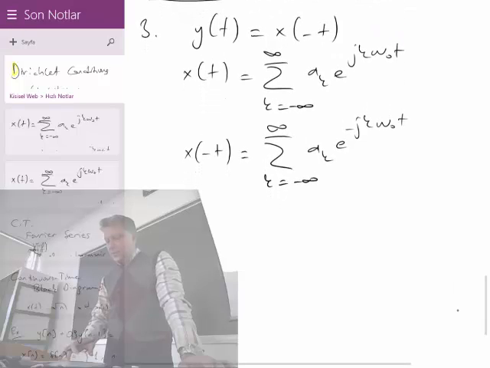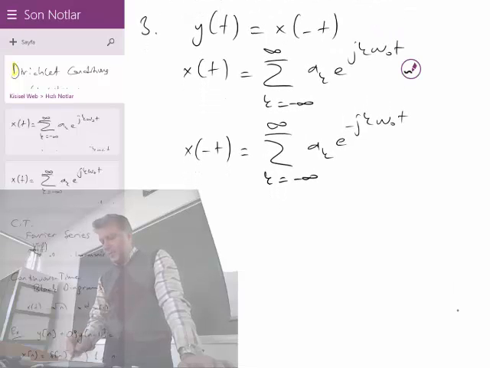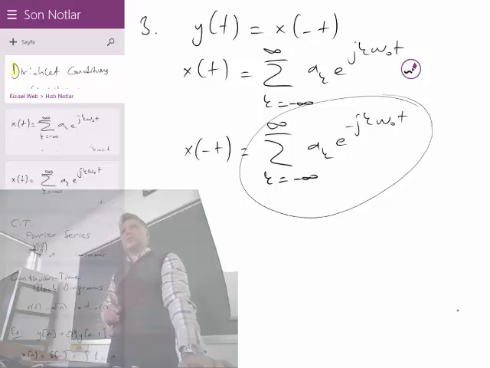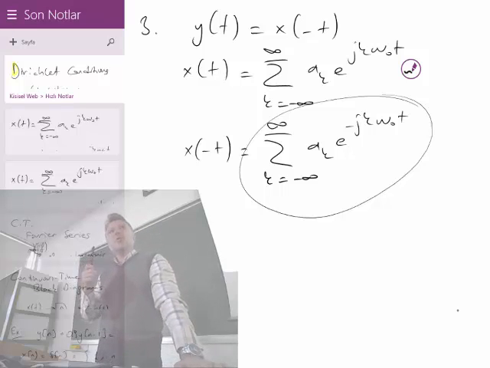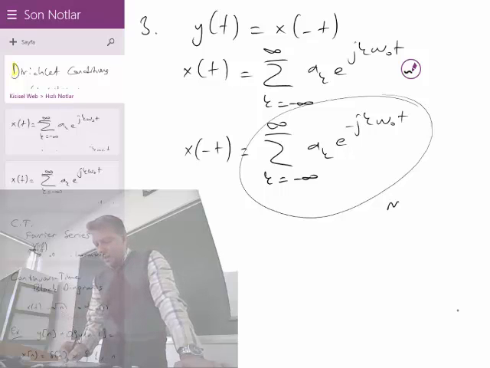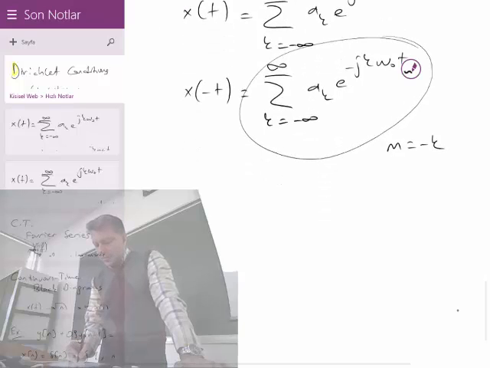And in order to properly represent this new expression as a summation of positive exponents, not a negative exponent like this one, e to the minus jk omega 0 t, let's try to make it e to the j m omega 0 t, for instance. And for that we need to have m is equal to minus k, right? This kind of a substitution. And with that substitution, the summation limits will not change.